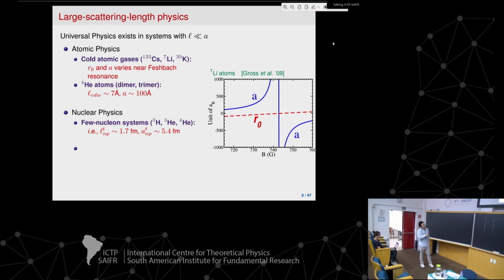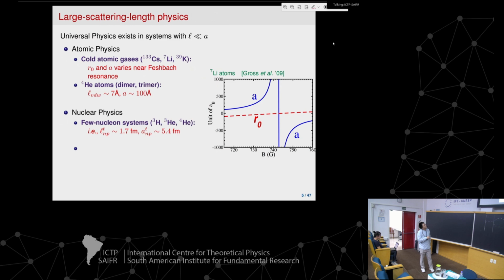So if your magnetic field is close to, say, for this lithium-7 system, 740 G, you will have a really large scattering length, either positive or negative, and a really small effective range. So this applies to these conditions.